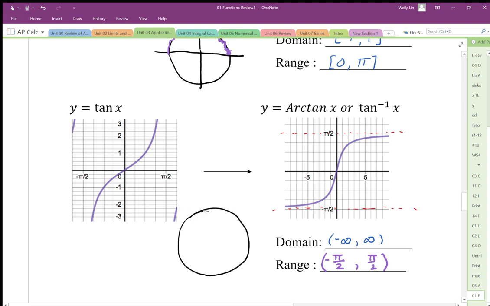The arctan function is only good from -90 degrees, but not including -90, all the way up to pi over 2, and not including pi over 2, because there's an asymptote at that point.